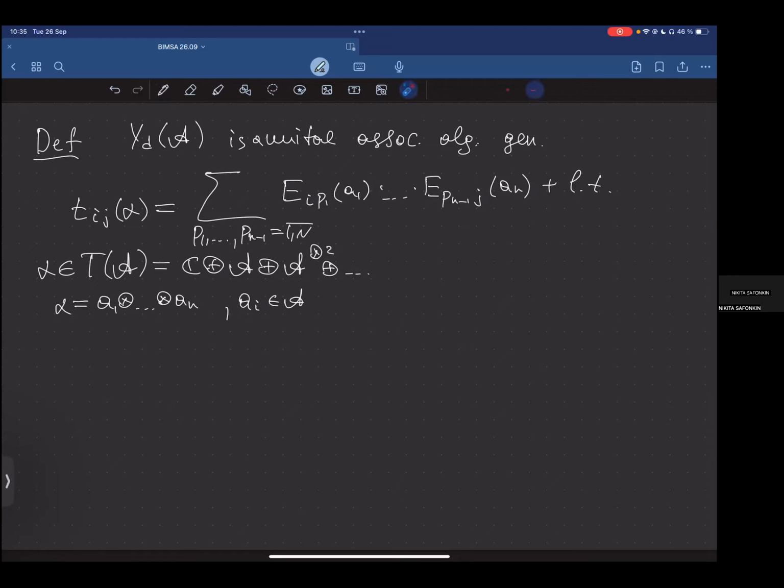So the difference between this formula and that formula that I've written before is that we have here elements of our algebra A, which are packed into this tensor alpha. And this is the main definition for my talk.